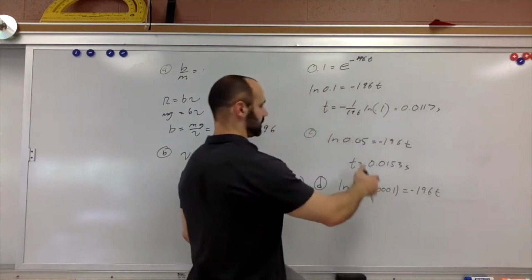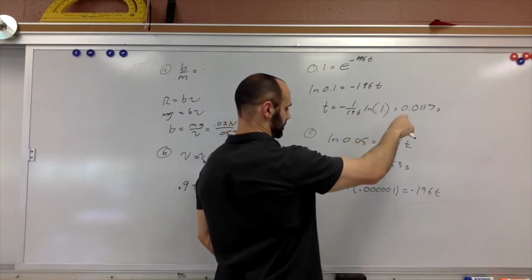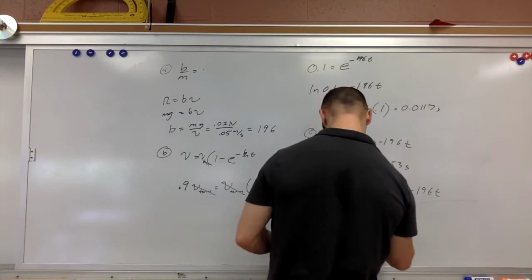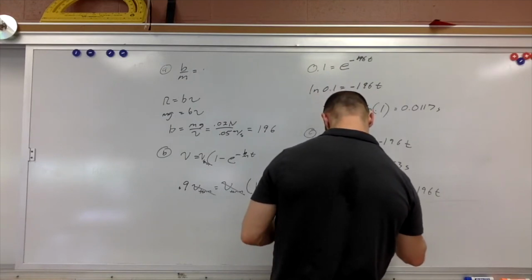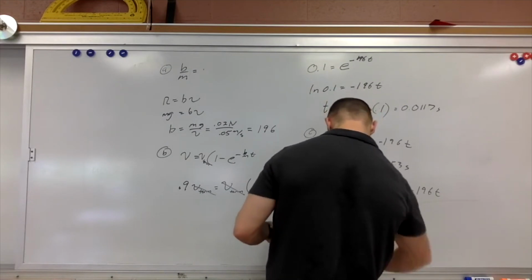But if I do this same calculation, I just put in here 0.00001, with that many zeros, then I end up with t equals 0.587 seconds.